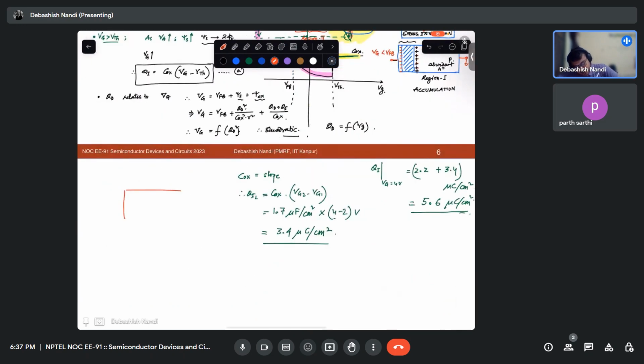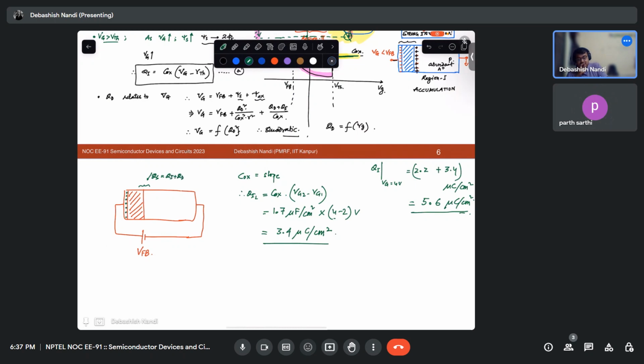So you see, at VFB, what will be the charges in the semiconductor? Suppose I am applying VFB, okay? Depending upon some plus or minus, whatever charges it will be with respect to bulk. So at VFB, what is the charge at semiconductor? QS equals QI plus QD.